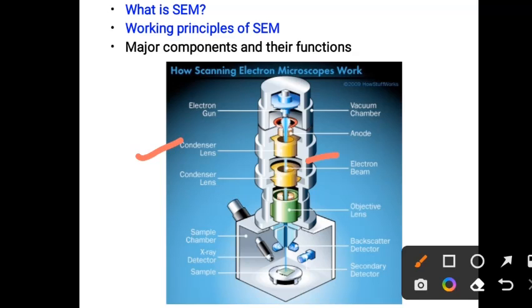Next are the electron detectors. A number of electron signals are produced when the electrons interact with the surface of the sample. Therefore different types of detectors are used for different signals.